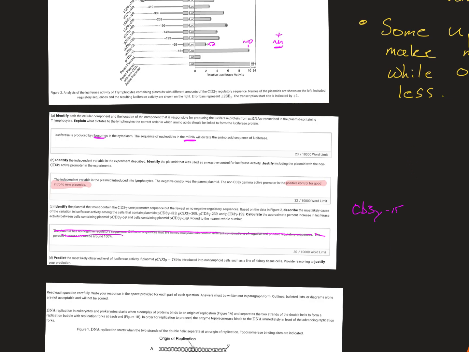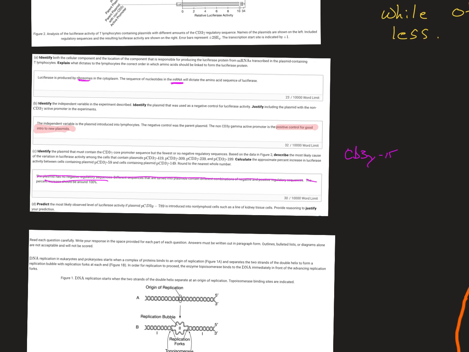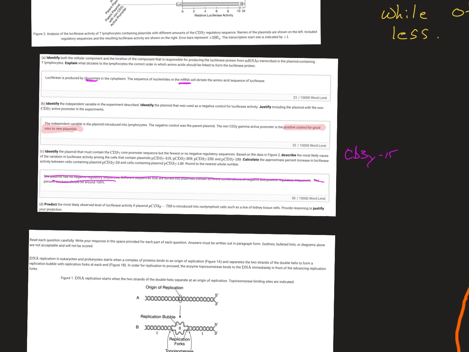That's the one that has the largest. And we already said that this one here, the positive control of the CD3, has the fewest or no negative regulatory sequences. CD3 gamma 15 of the experimental group is what I would write.